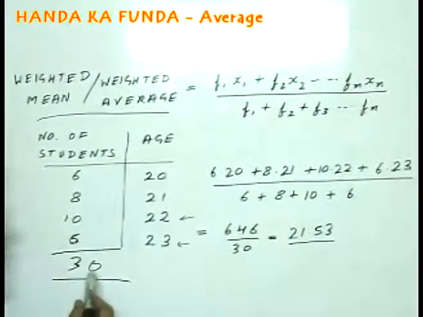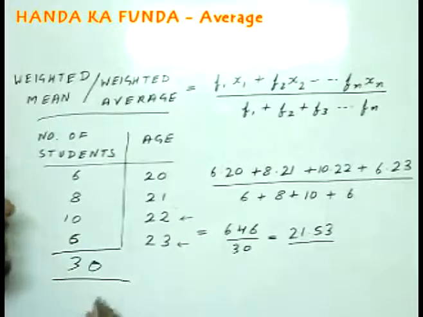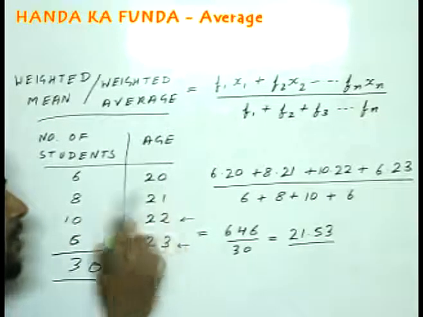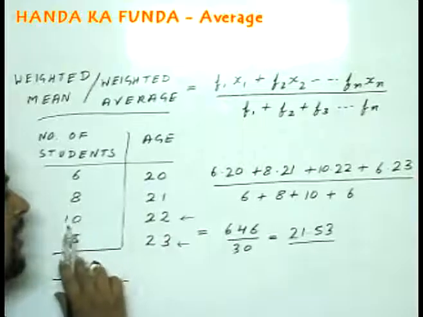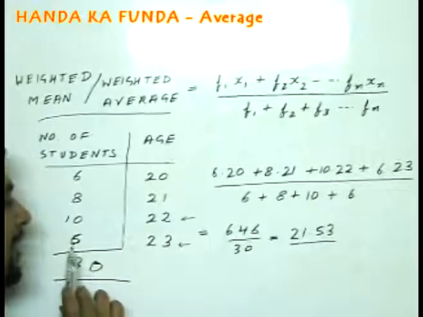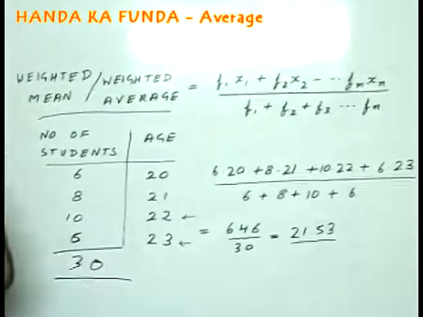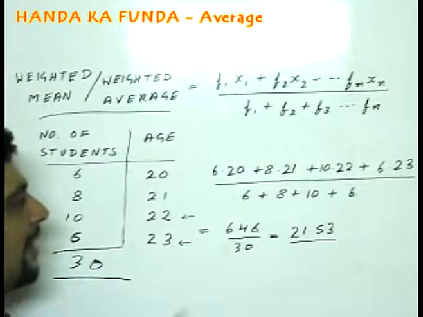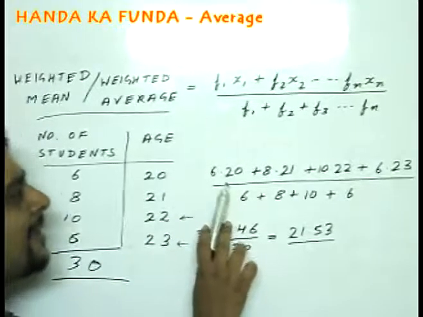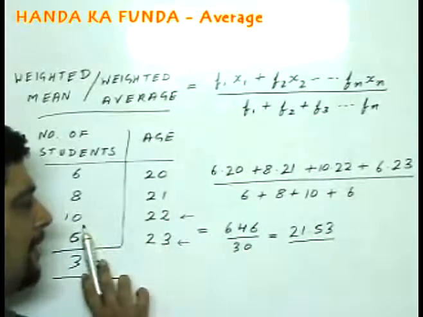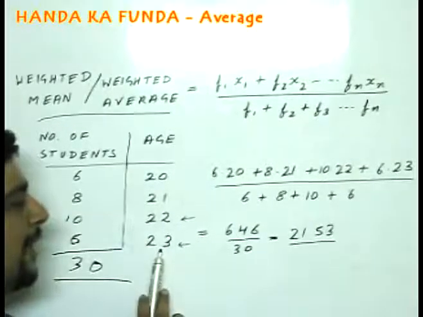Say the total number of students in my class is 30. 6 of them are 20 years old, 8 of them are 21 years old, 10 of them are 22 years old and 6 of them are 23 years old. I have to find out the average age of the group. How can I do that? I would do 6 into 20 plus 8 into 21 plus 10 into 22 plus 6 into 23.